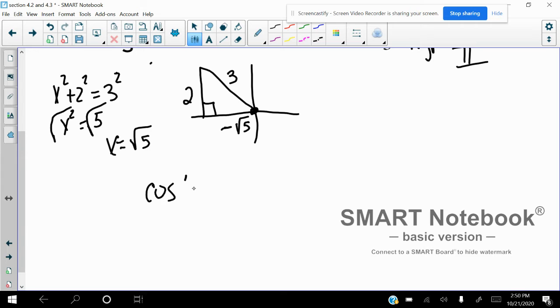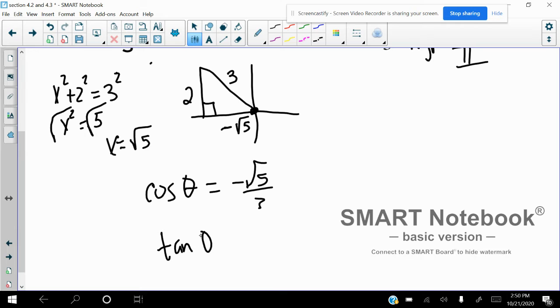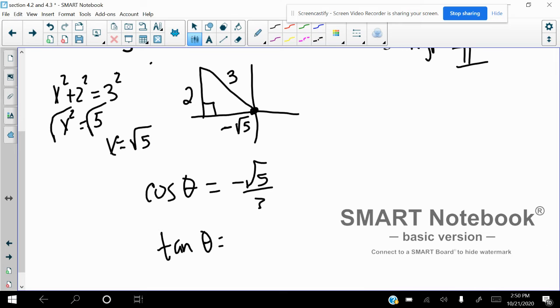So cosine of this angle is negative root 5 over 3. Tangent is opposite over adjacent, so it doesn't matter where the negative goes. I hope you guys can do this without actually doing it all out, but that would be your tangent.